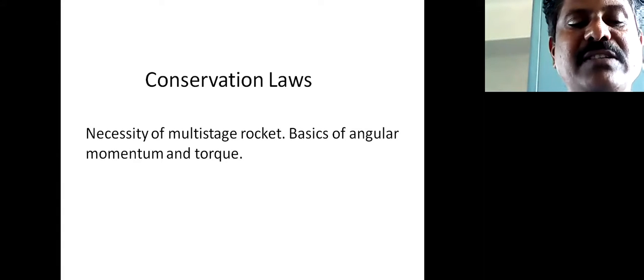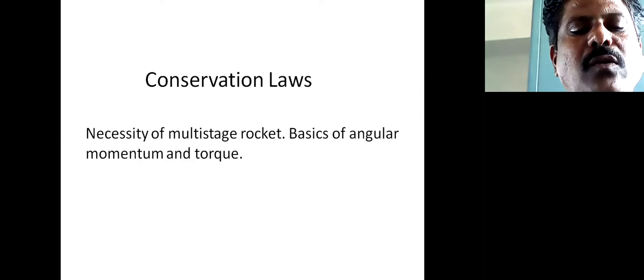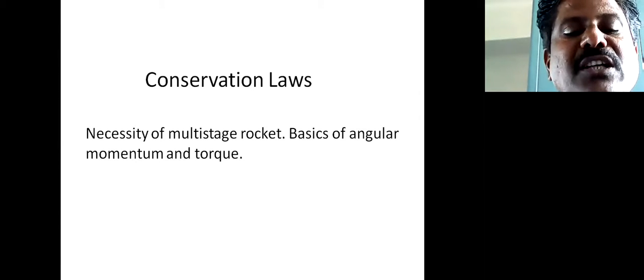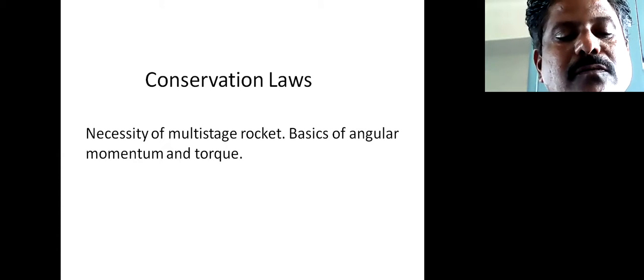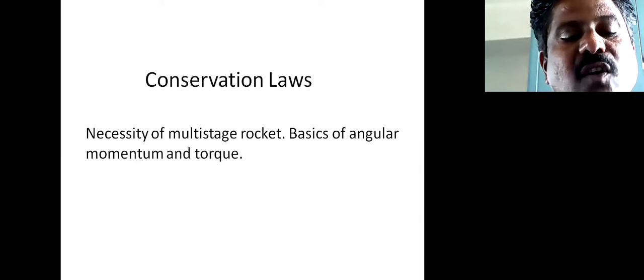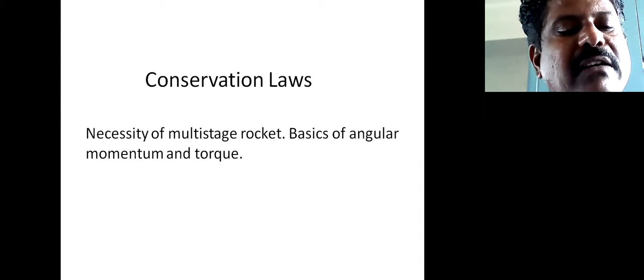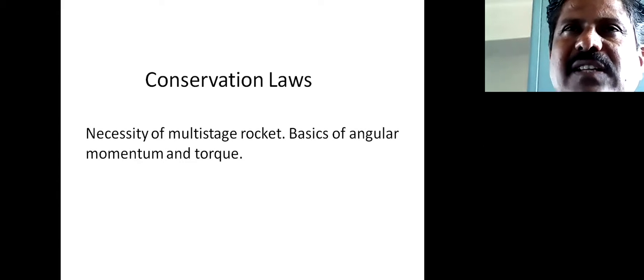At that moment, the second stage rocket starts working with the initial velocity given by our first stage rocket. So the final velocity of the second stage rocket will be nearly twice the velocity achieved by a single stage rocket.